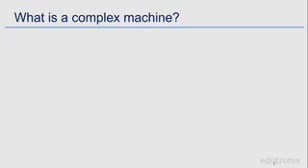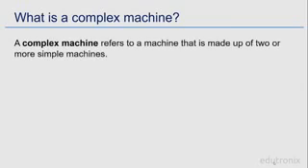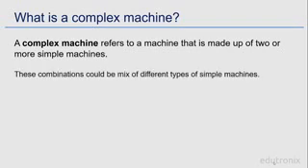Let's now look at the last section in our lesson today, which considers complex machines. A complex machine refers to a machine that is made up of two or more of the simple machines we have looked at. They may sometimes be a combination of two separate types of simple machines, or simply several simple machines of similar type.